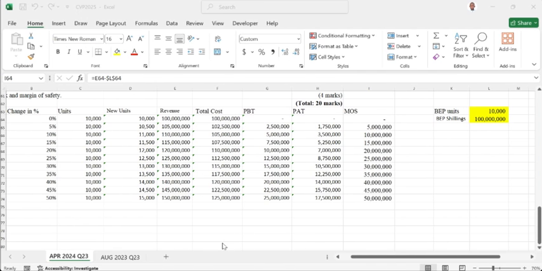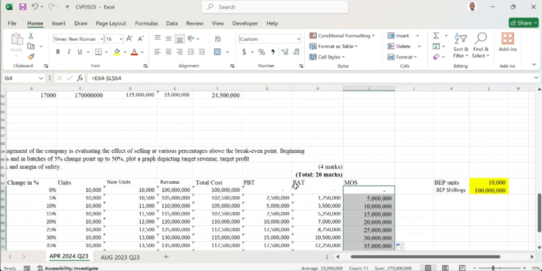Now we had two formulas. So the easiest is the expected revenue minus the expected break-even point in shillings. In other words, you take this revenue here, you minus the break-even point in shillings. Ni ngapi? Ni hii.